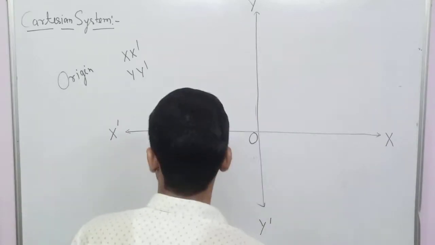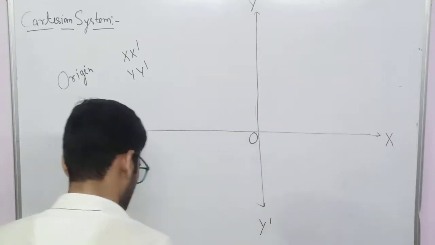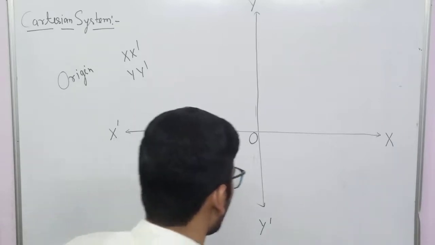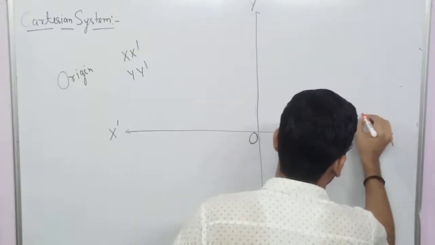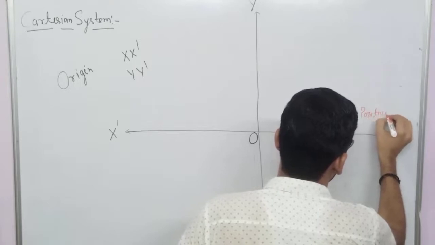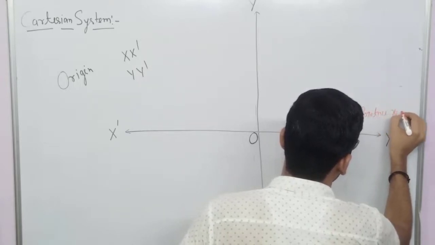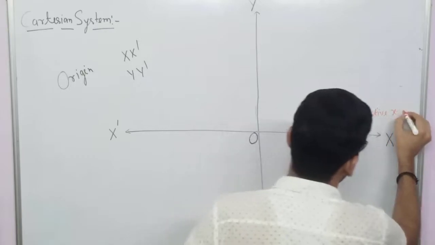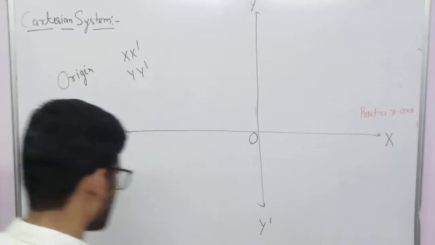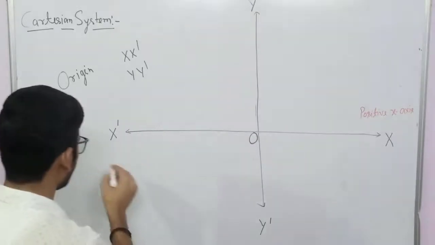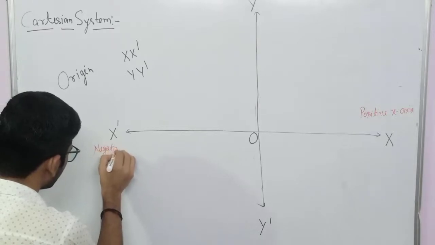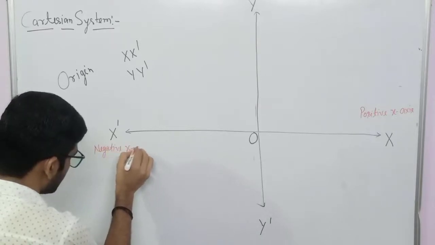Now you can write here positive X direction, positive X axis, and here negative X axis.